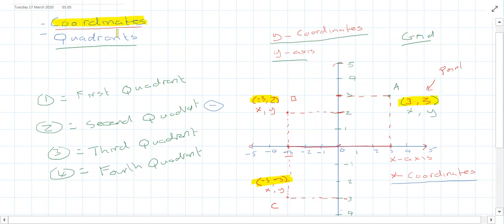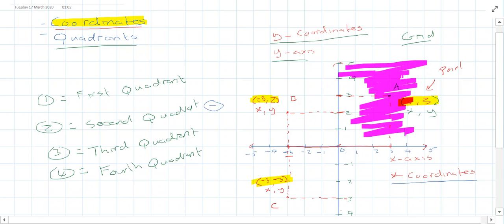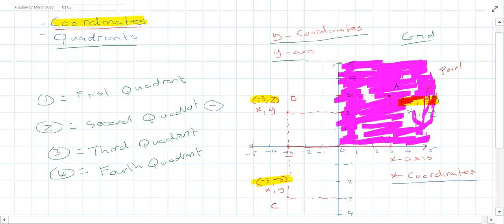And then the quadrants: if I was to split this up into quadrants, this whole square area here is what's known as the first quadrant.